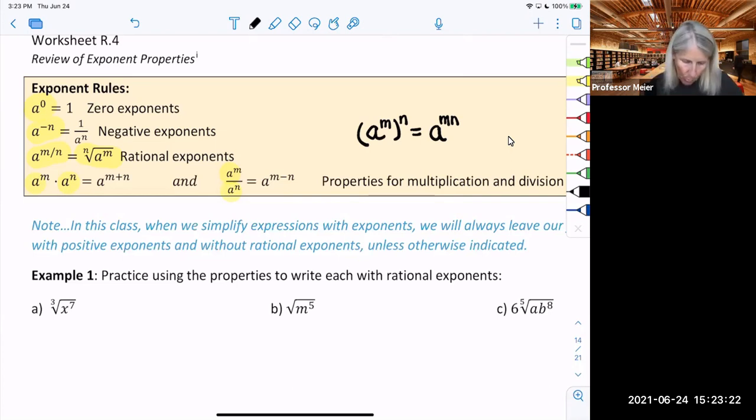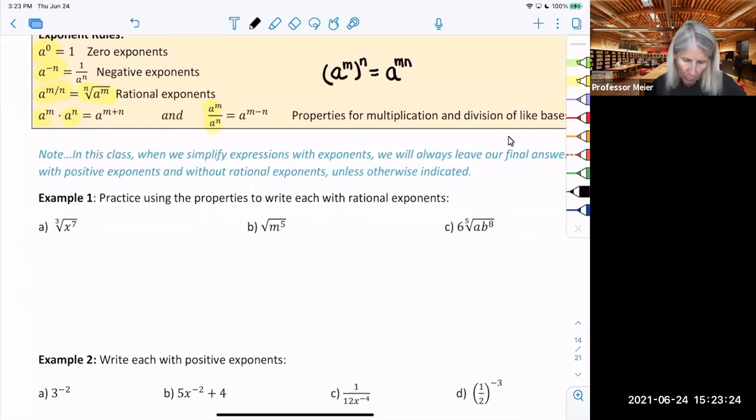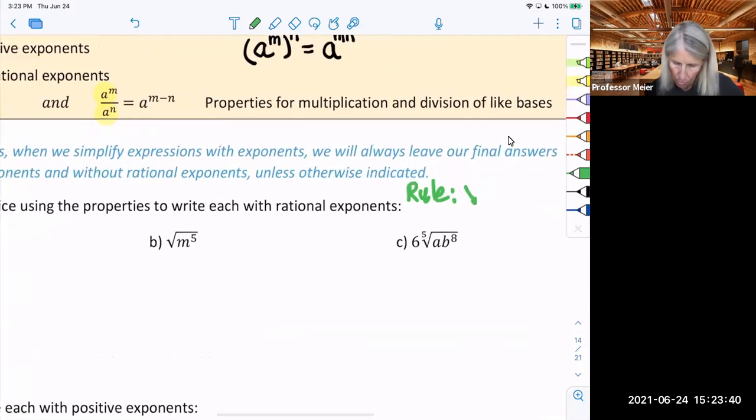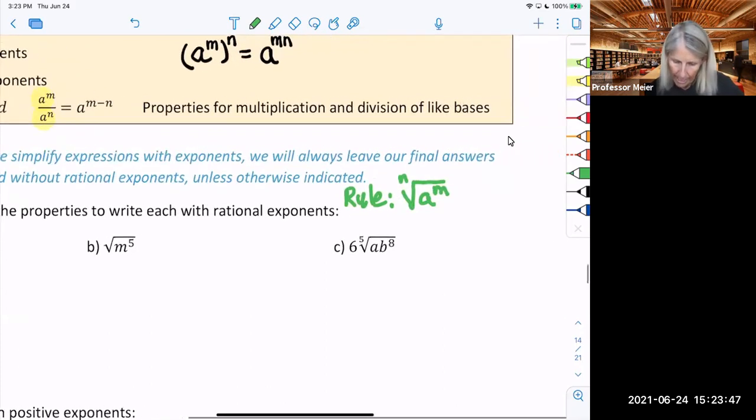Okay, so in example 1 here, they're giving us some problems that have radicals in them, and they want us to rewrite them using rational exponents. So let me jot the rule down again. So the rule is, if you have something in the form square root or nth root of a to the m power, you can write that as a to the m over n power.